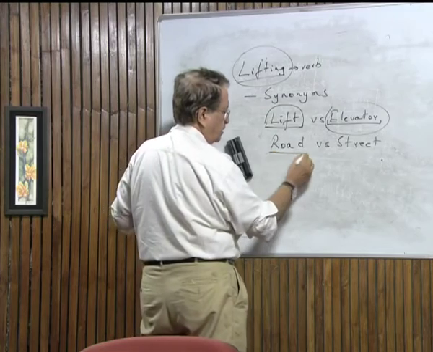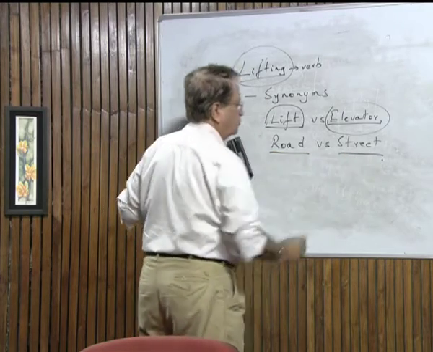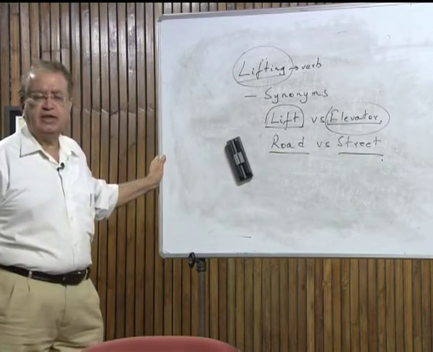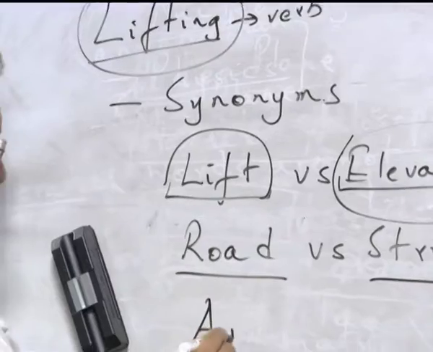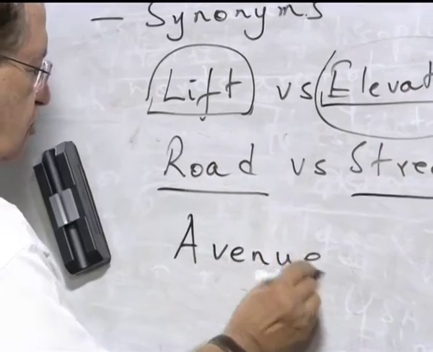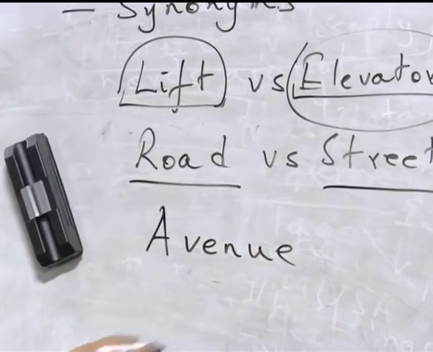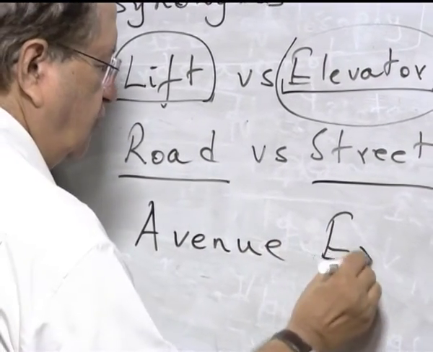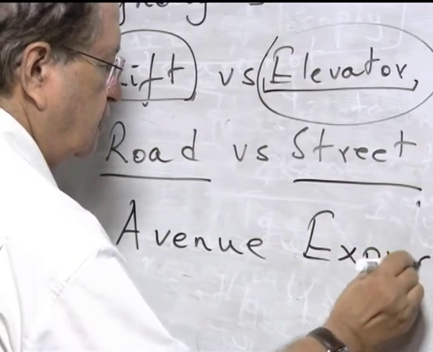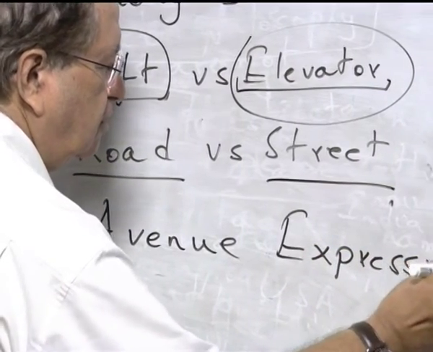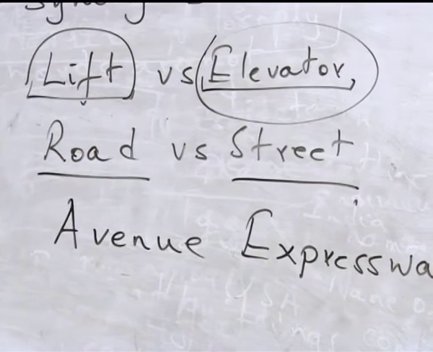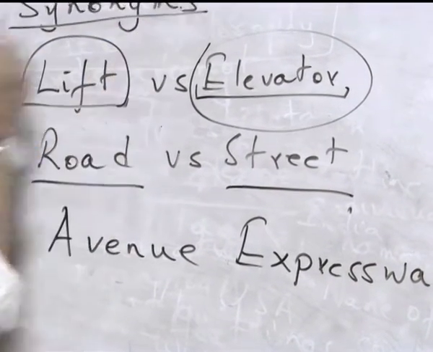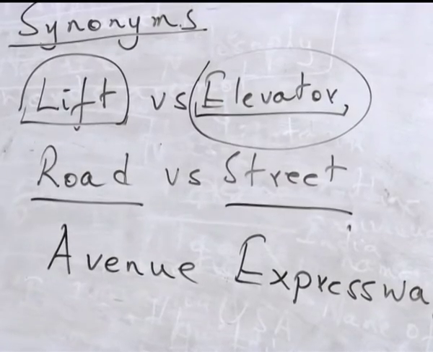Similarly, here many places we use the term road, many other places we use the term street, and there is one more term which is used quite often in America. We have avenue, we have now in India we have expressways. What are they? They are all of them synonyms, different words which mean the same thing.